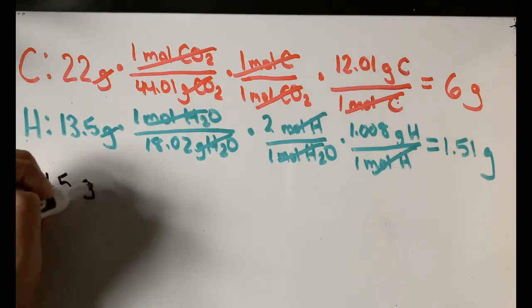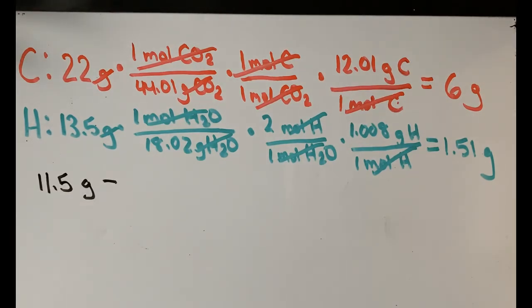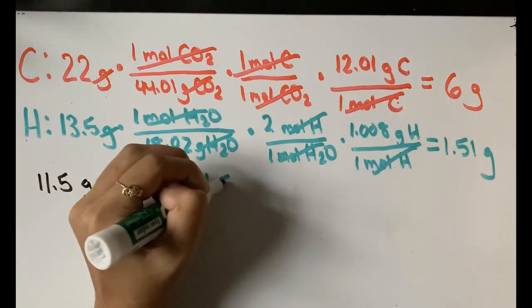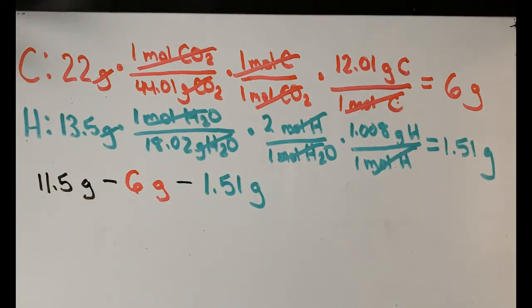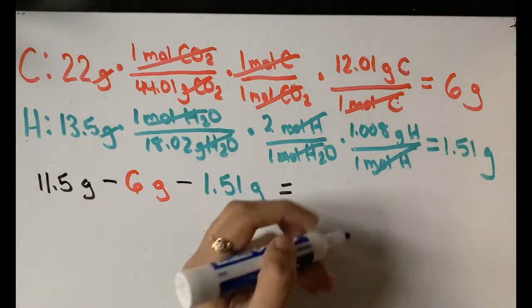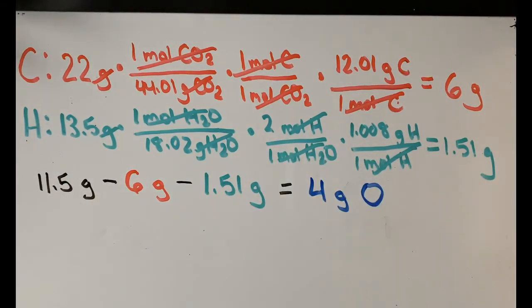Now we subtract these masses from the masses of ethanol that we have. That's 11.5 grams minus 6 grams of carbon minus 1.51 grams of hydrogen. This leaves us with about 4 grams, which is the mass of the oxygen.